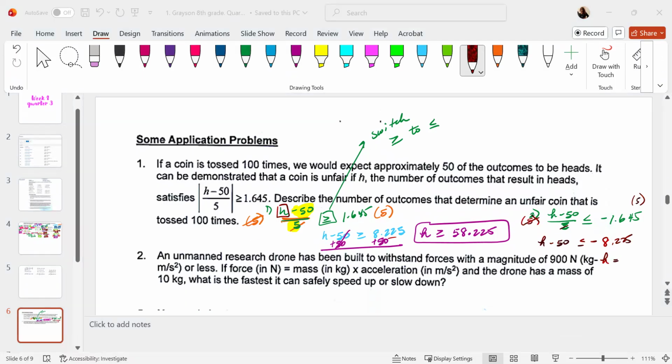About 41.775. It's negative 8.225 plus 50. Try again. Positive 50 minus 8.225 is 41.775.